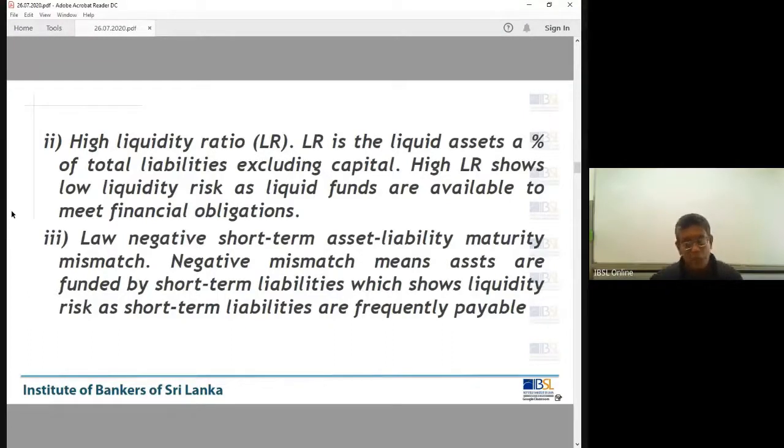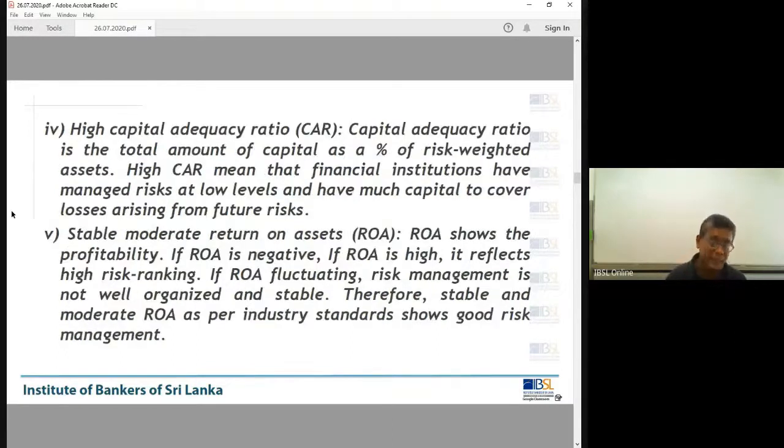Every bank today is facing this risk, maturity mismatch. But to what extent you manage it by reducing this gap is the most important. That is the third one.